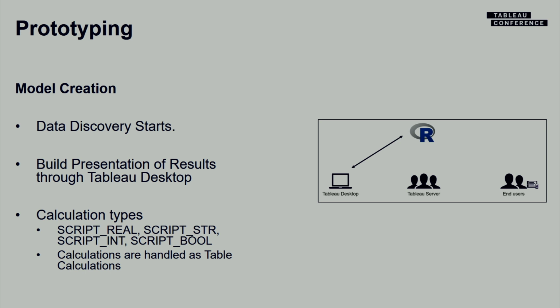Now, when it comes to using calculations within Tableau Desktop from such an external service environment, there are 4 key components to how those calculations work. And those are tied to the outcome types that we need to be conscious of for Tableau to be able to receive. So we have SCRIPT_REAL for all results that are returned within the real domain of numbers, SCRIPT_STR for everything that's a string value, SCRIPT_INT for everything that's an integer value, SCRIPT_BOOL for any true/false.